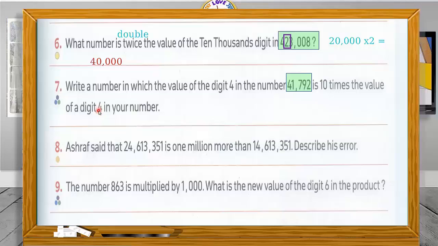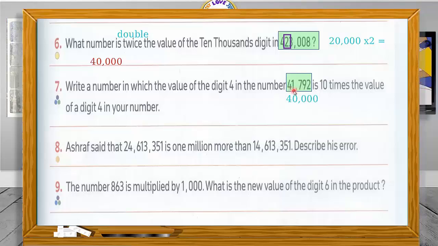This number has 4 in any place. In which place will you put 4 in your number? Here 4 is in the tens place. To understand, I will write 4 in expanded form like this: 40,000. The 4 in this number is in the 10,000th place.